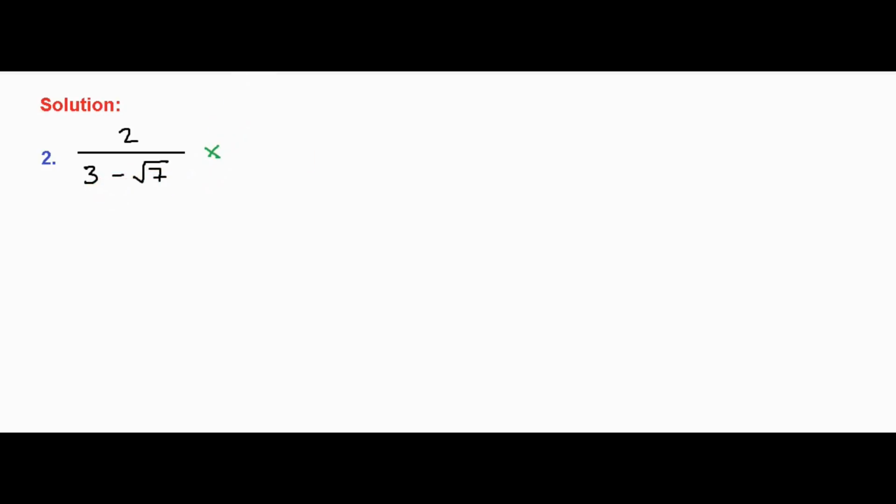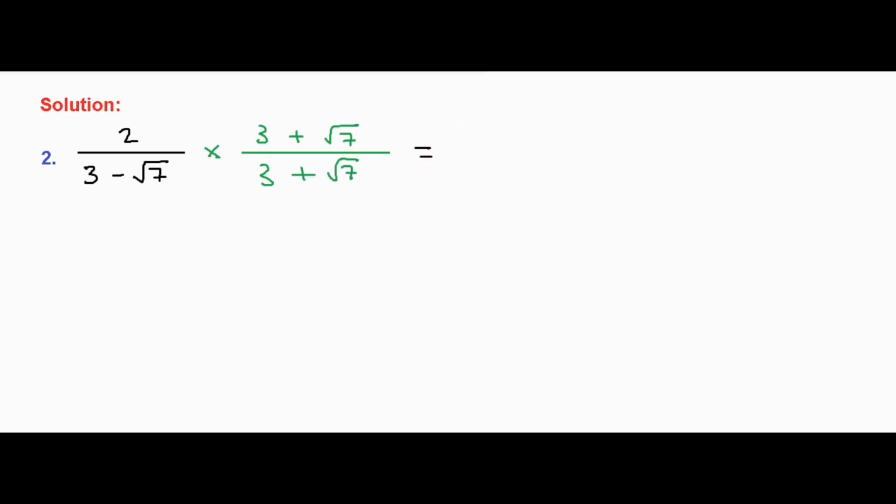So what we do is we multiply this fraction by something that will give us a difference of squares in the denominator. And this is going to be 3 plus root 7. So when we multiply the denominators here, we're going to get a difference of squares. And we also have to multiply the numerator by 3 plus root 7.